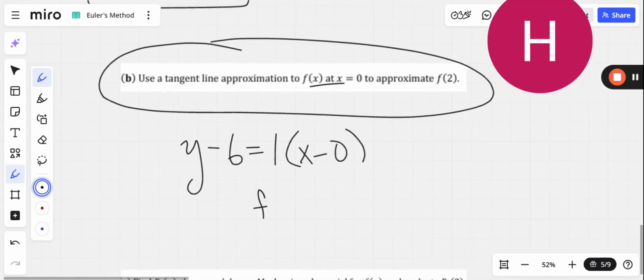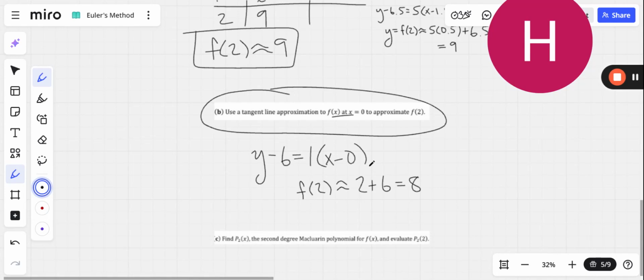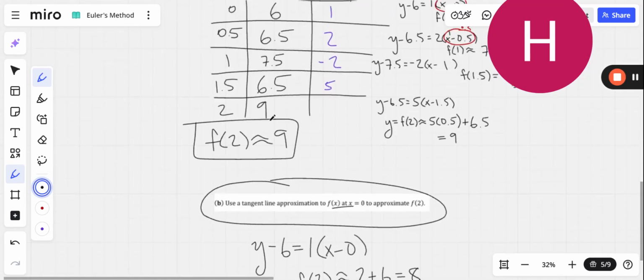If we use this tangent line to approximate, we would say f of 2 is approximately 2 plus 6, which is 8. Now that's not terribly far off, but it's not as close as we got with 9.